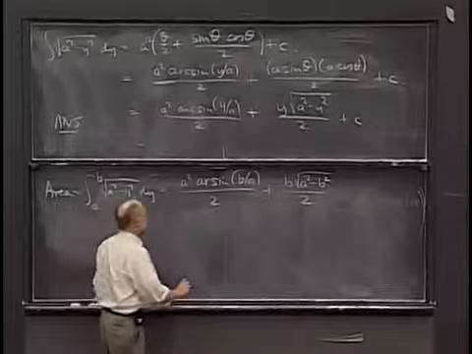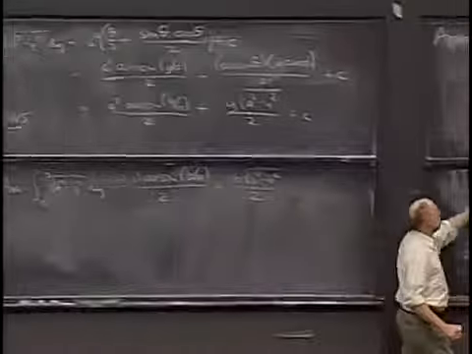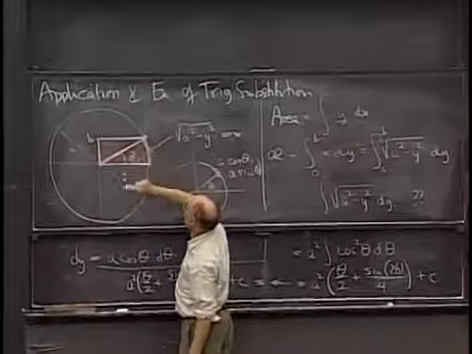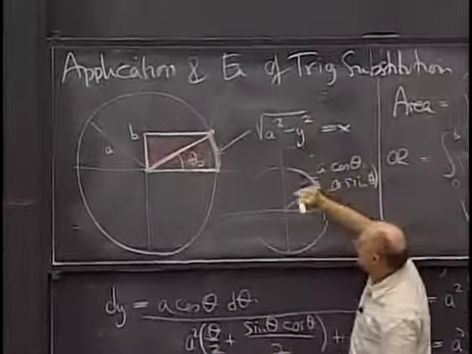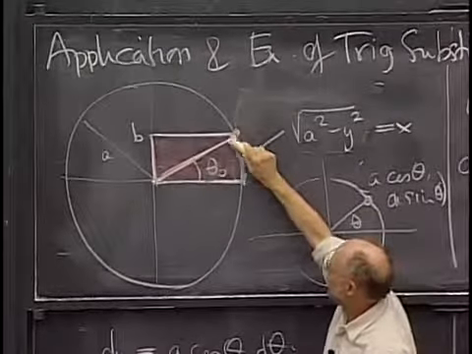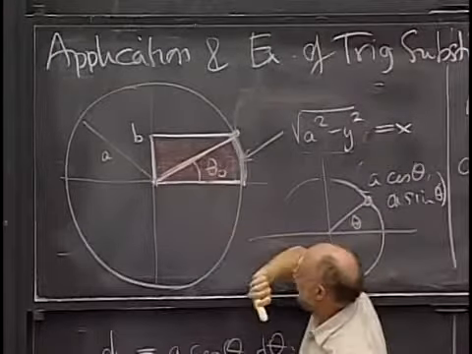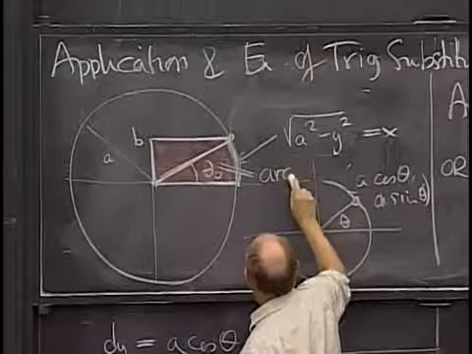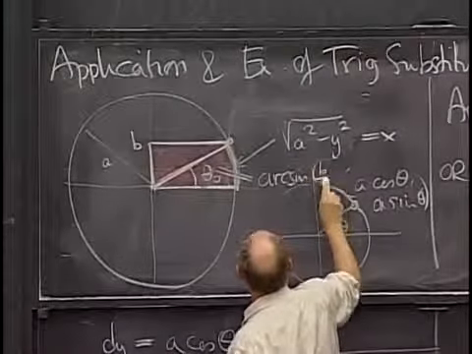Notice that this arc sine of b over a, that's exactly this angle. The arc sine of b over a, it's the angle that you get when y equals b. So this theta is the arc sine of b over a.